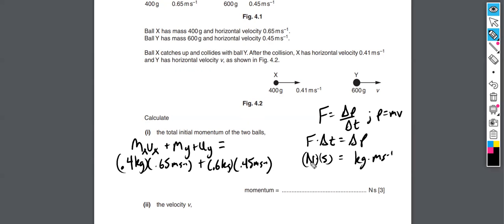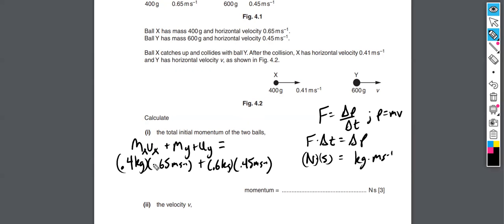Substituting in kilogram meters per second squared for Newtons will cancel out one of those seconds and it will agree. So a Newton second of impulse is the same thing as a kilogram meter per second of momentum. Impulse equals the change in momentum, the impulse momentum theorem.